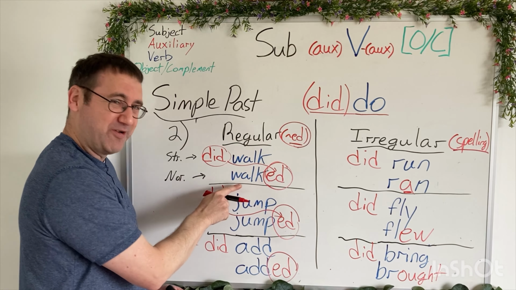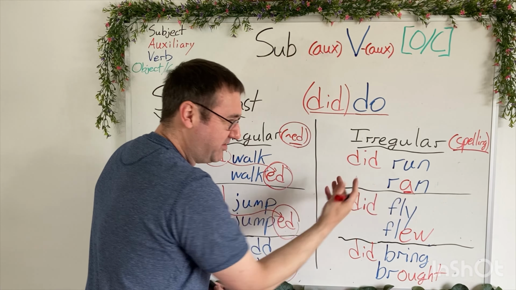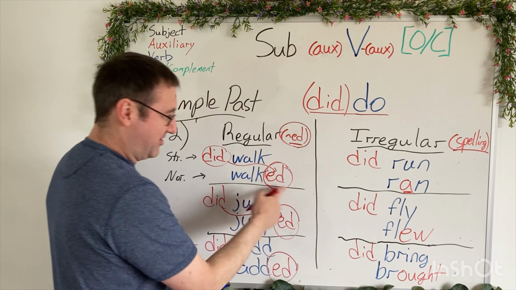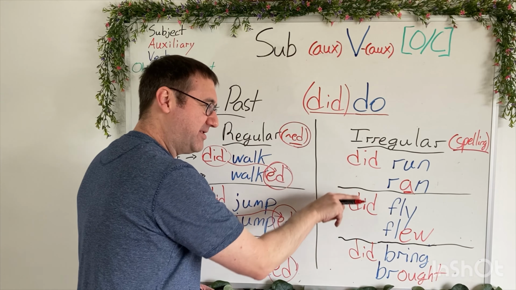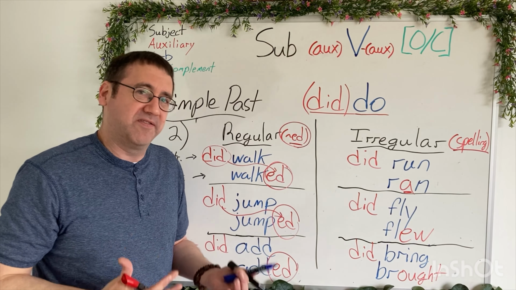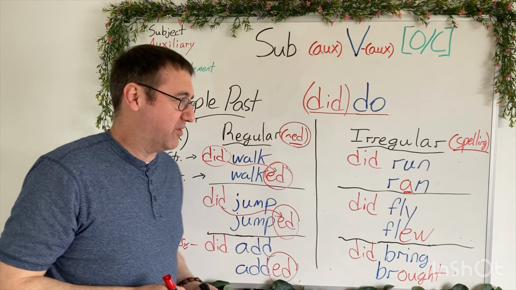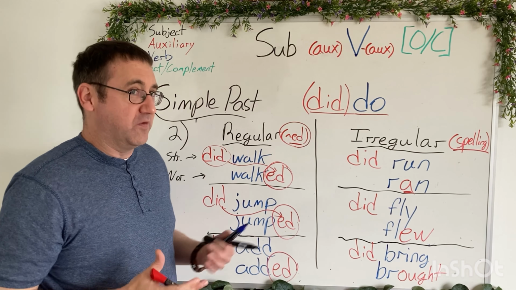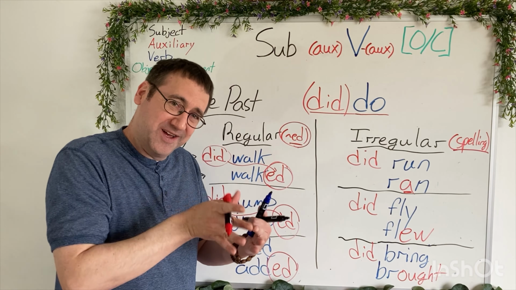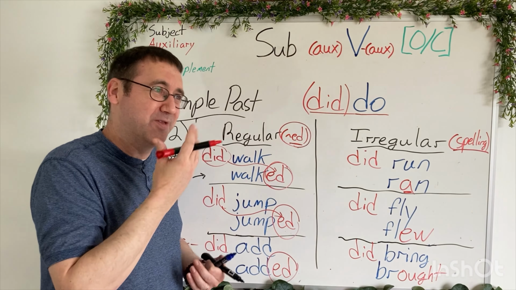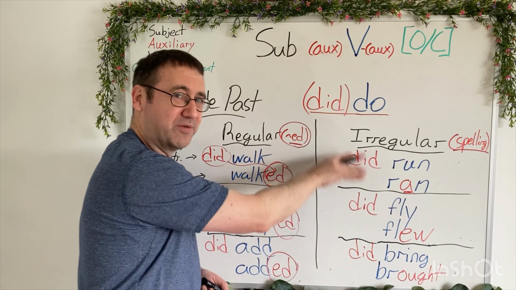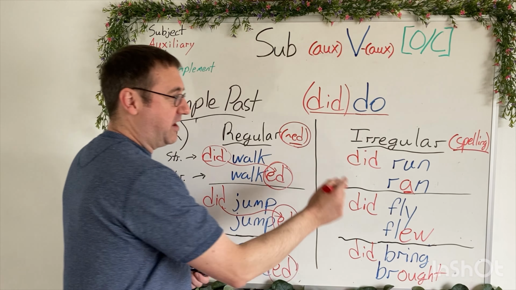I mean, these words are very different spelling. And so it's really the same thing, kind of. It's just not ed. And these ones, you kind of have to just memorize them and try to remember them. And oftentimes my students will go, fly, flew, flown. They do the three forms, they just say them. And that can help to remember these irregular verbs, but they work the same way.